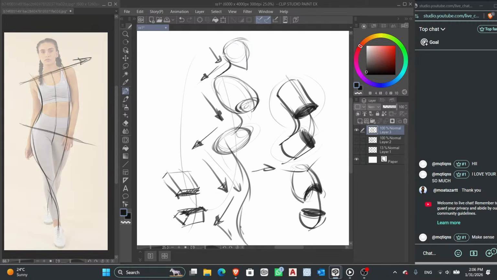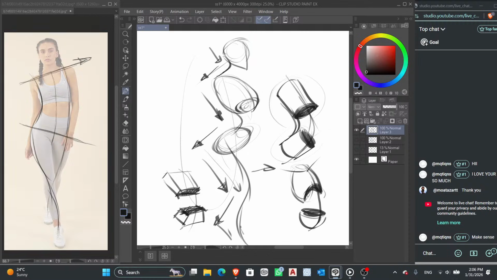This is the normal shape of the torso, the normal shape of the rib cage, and also the hip or the pelvis. We already see the lower plane of the rib cage and the upper plane of the pelvis.